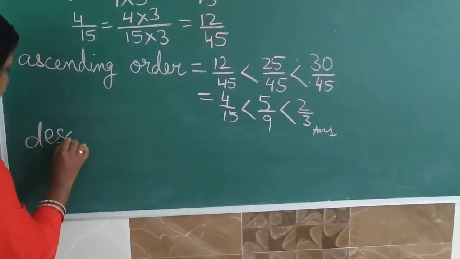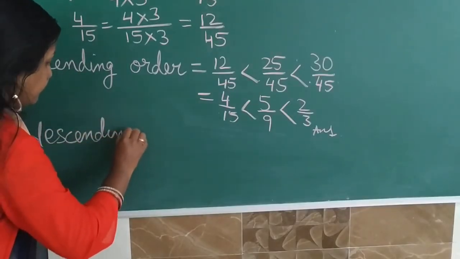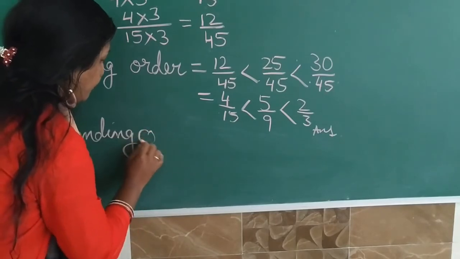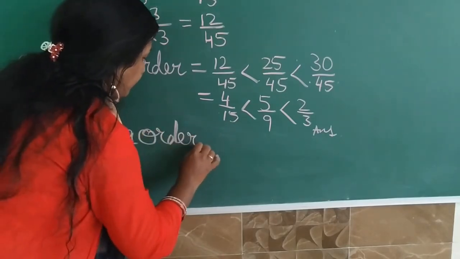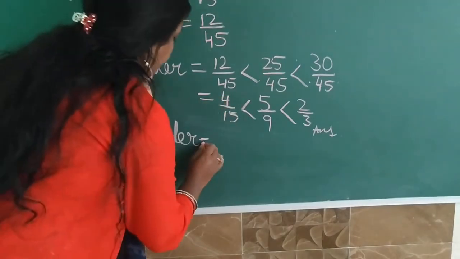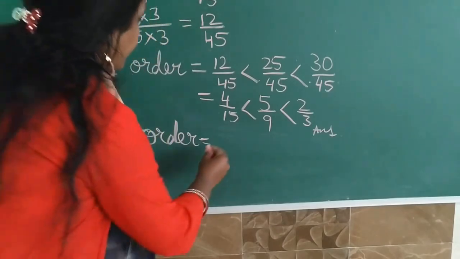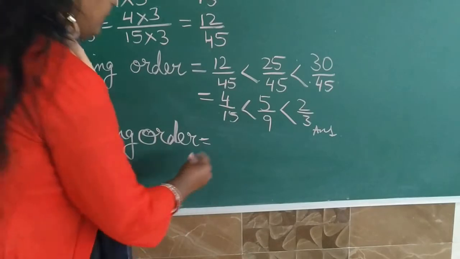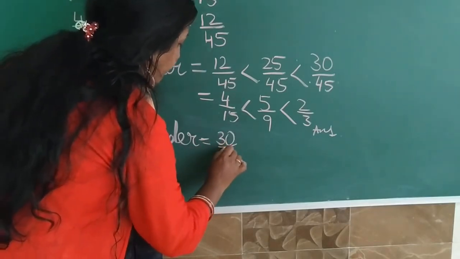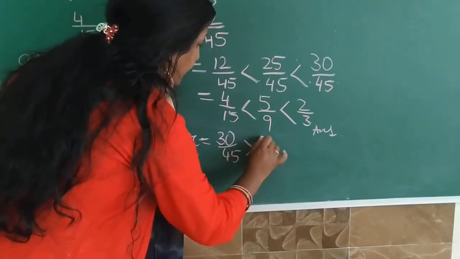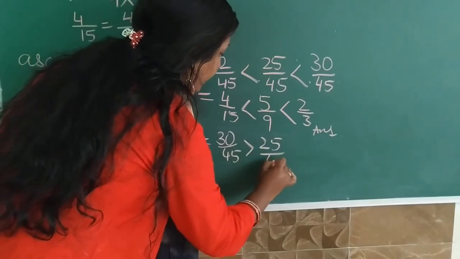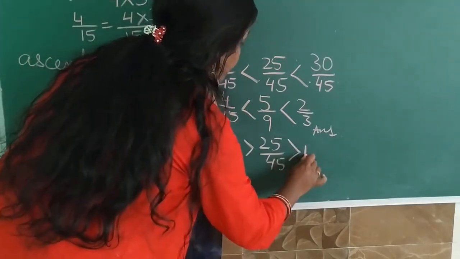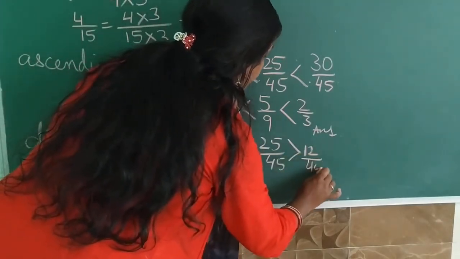For descending order, we need to go from bigger fraction to smaller fraction. So children, how do we get it? Already we have arranged it in ascending order, so we can use that even. The bigger fraction is 30 by 45, which is greater than 25 by 45, which is greater than 12 by 45.